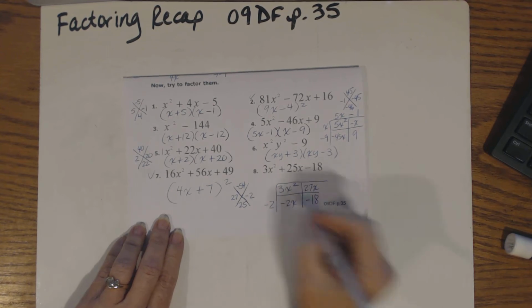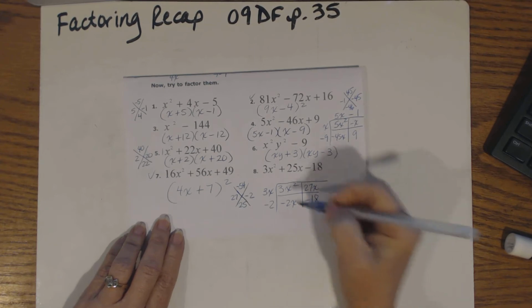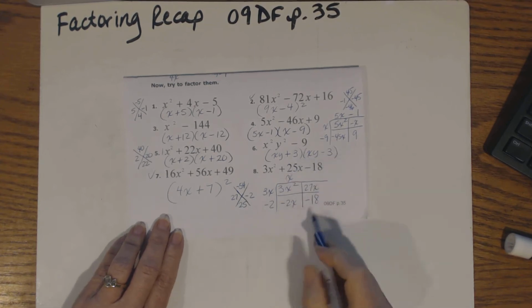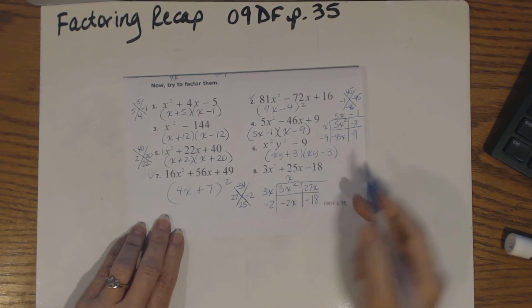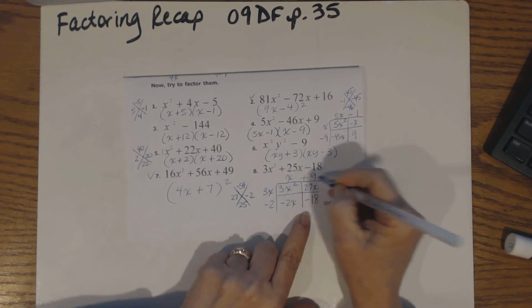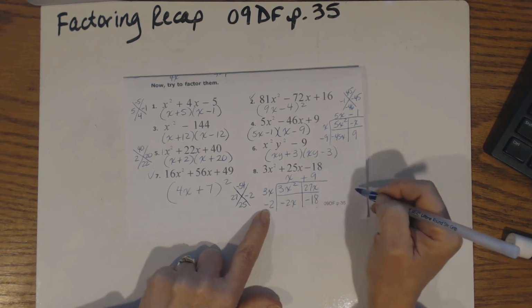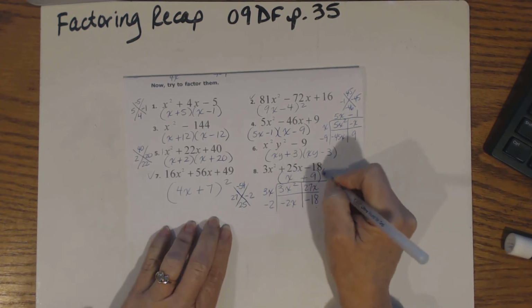Then there is a positive 3x common in this row. That means this has to be where the x is in order to get 3x squared. And now I can go up this way. I have to have a 9, and I do need positive 9 times negative 2 in order to get negative 18. So here is my factorization.